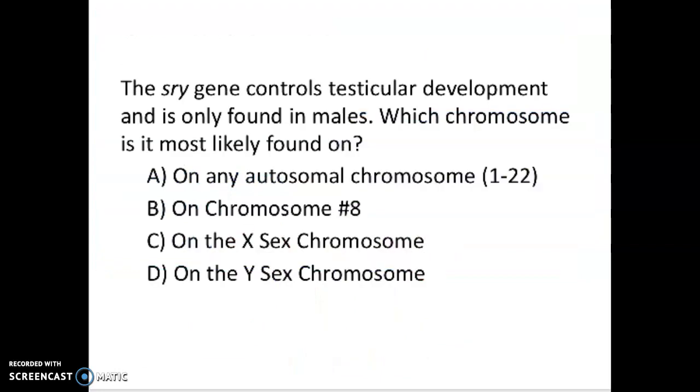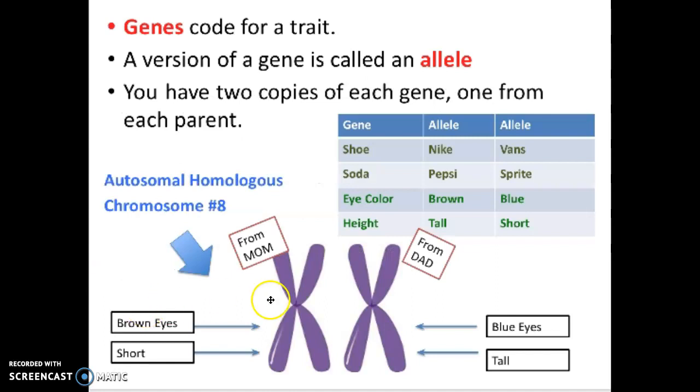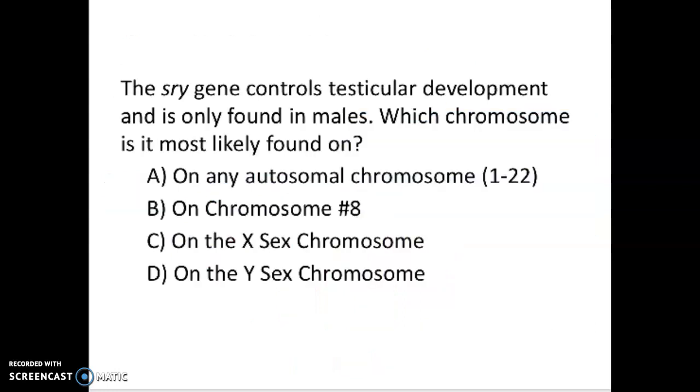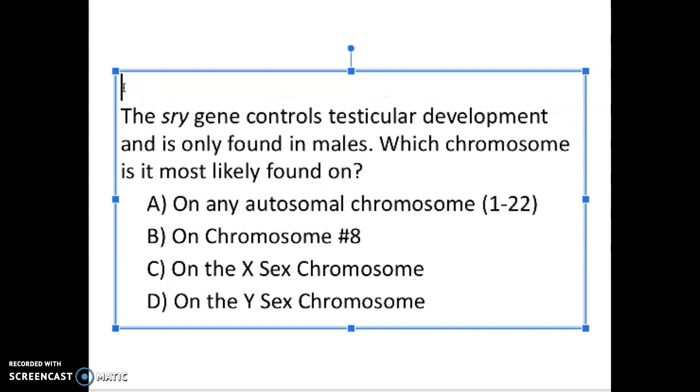Before I move on to the next slide, I need you guys to understand that the 23rd chromosomal pair is going to represent our sex chromosomes.